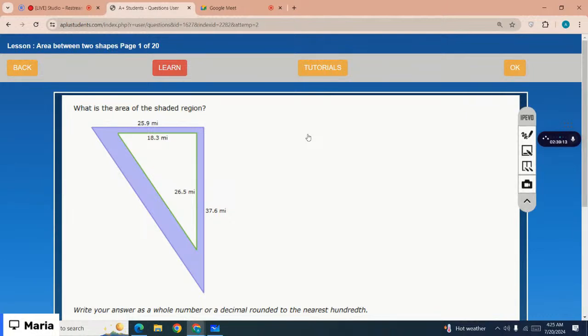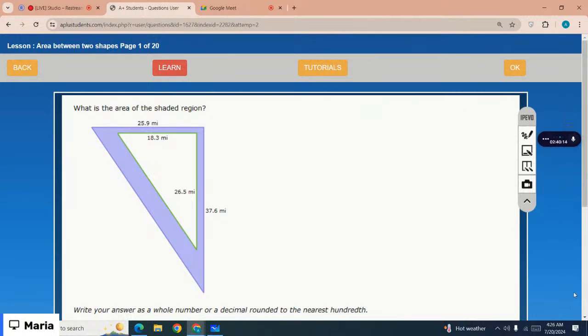What is the area of the shaded region? So let's just calculate the area of the outer triangle, right?